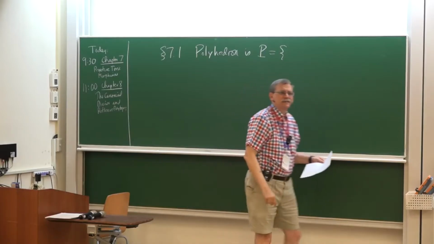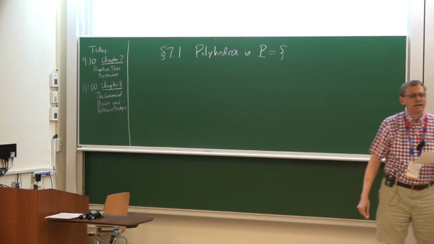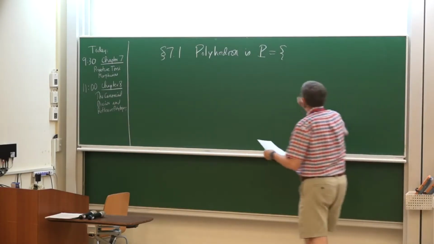So a polyhedron is an intersection of finitely many half spaces.